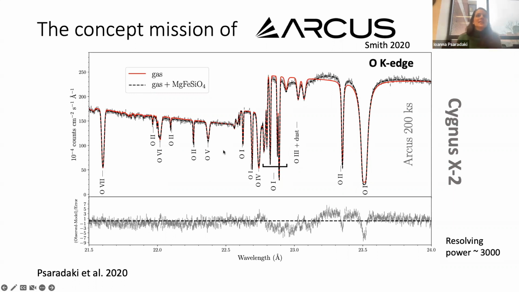So we can study not only the gas and dust separation, but also the different phases of the ISM from just the spectrum at the oxygen K edge. And also possibly, and hopefully with such an instrument, we can study kinematics of different gas components.